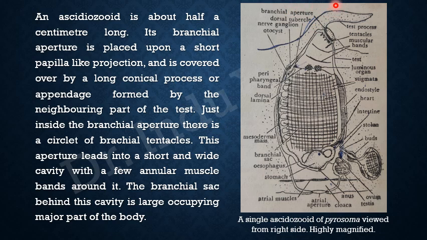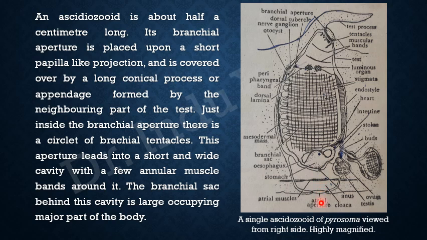This is the outer area, the ocean in which the colony is living, and this is the test around the animal. The test is making a test process which is covering the branchial aperture of the animal, and this is the inside of the colony with, as I had mentioned, the common cloaca, and this is the atrial aperture.